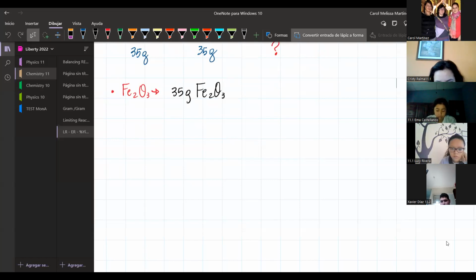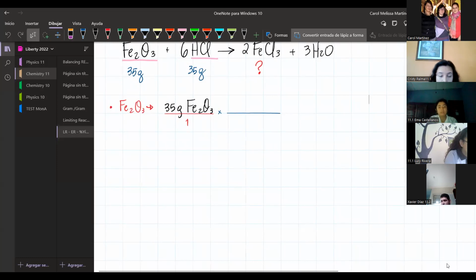Now, remember you can place the invisible one, you can make it visible, okay? And now let's work. In the procedure grams to grams, what is the first step? Molar mass or molar ratio? Molar mass, okay?